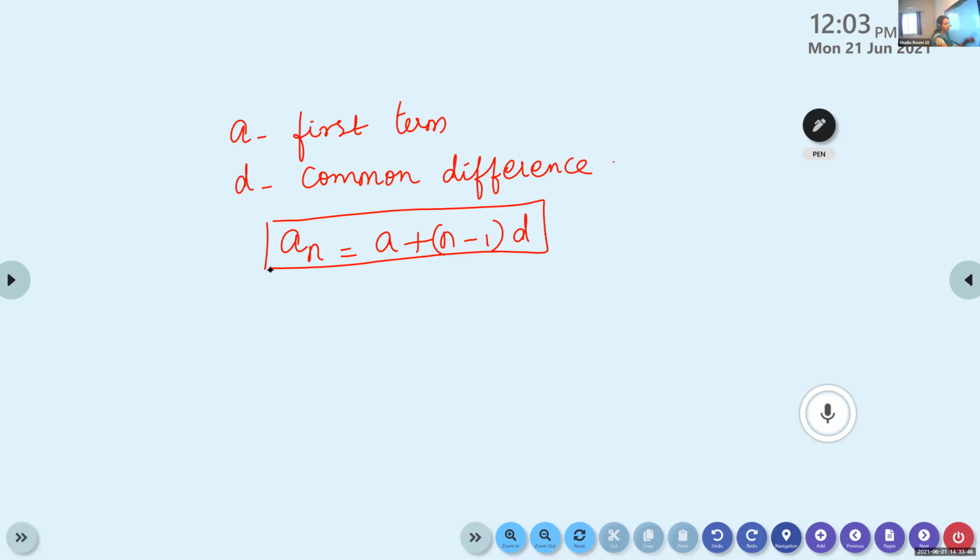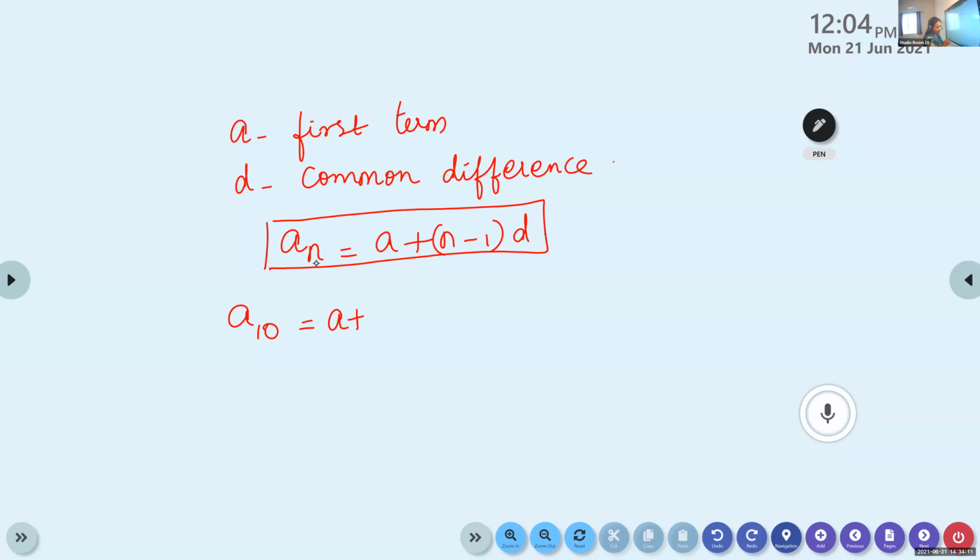Now using this formula, Hadi Amin, what will be the 10th term? Can you give me what is a10? Look here. If it is n, we are reducing by 1.